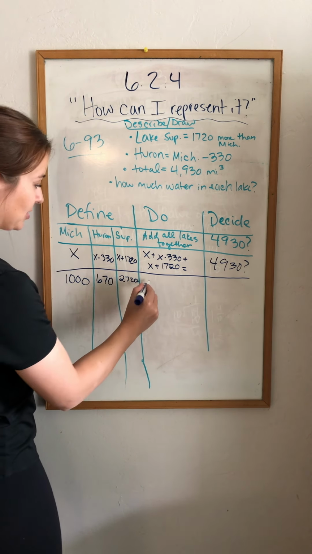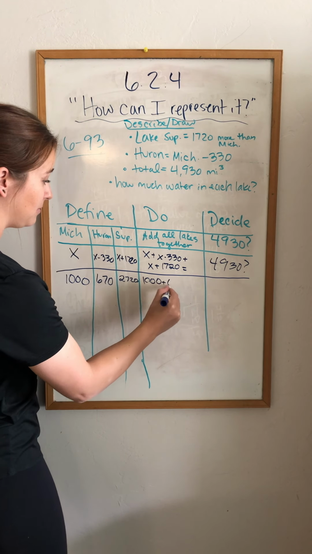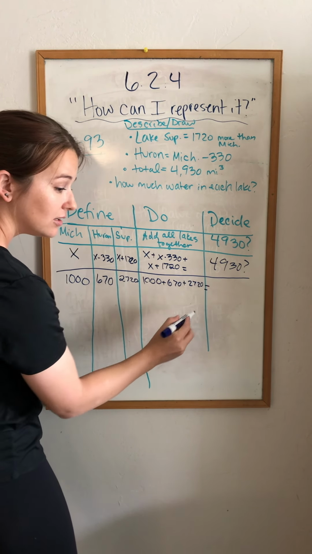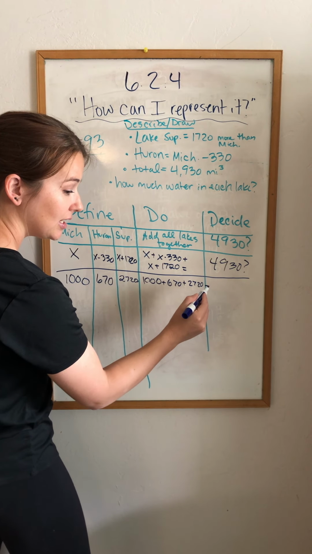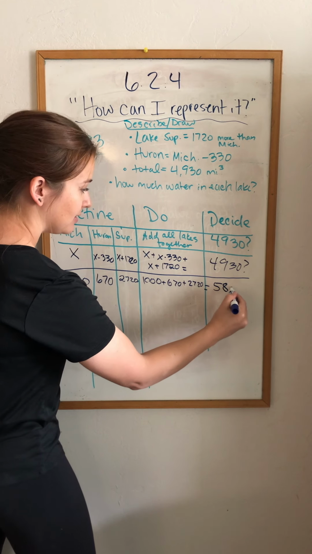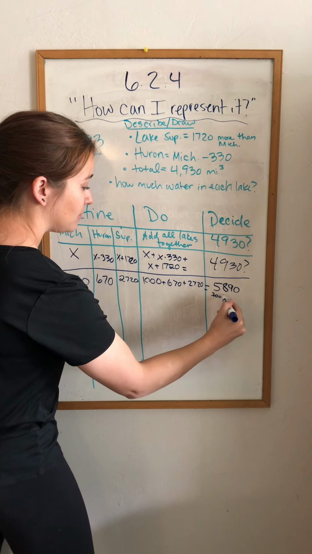So now adding them all together, I got 40, no I did not, I got 5,890, too big.